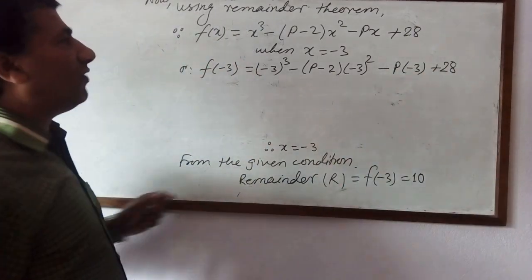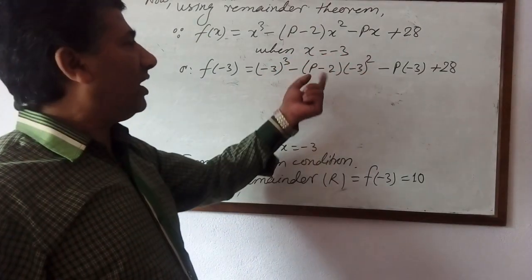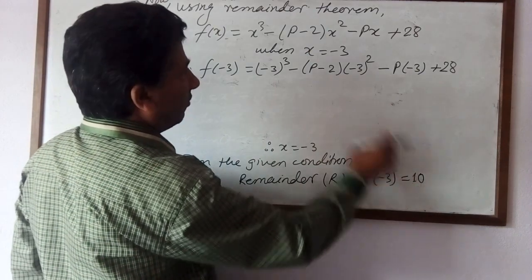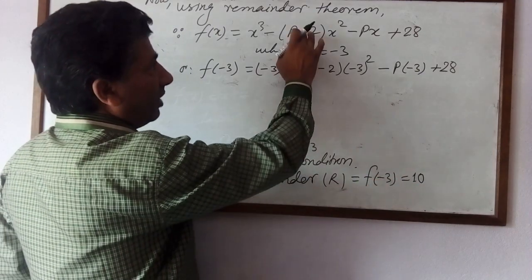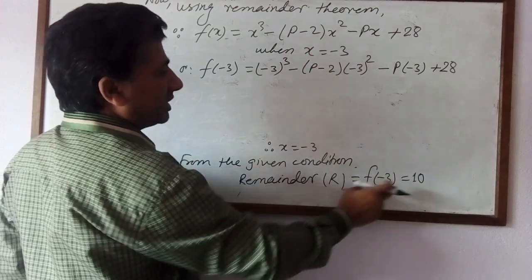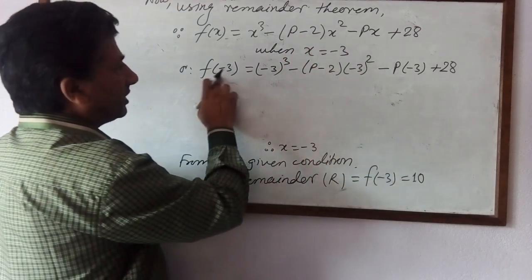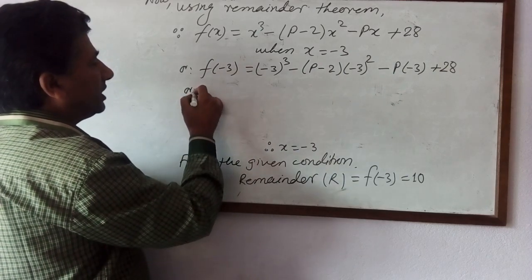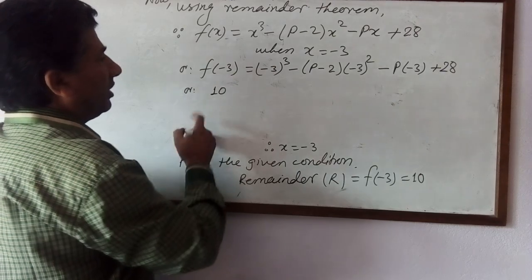Now we wrote the value of x equals minus 3 to find the remainder. f(-3) is the remainder for x plus 3. When we divide this polynomial by x plus 3, the remainder is 10. This whole f(-3) is the remainder, and its value is 10, which has been given.